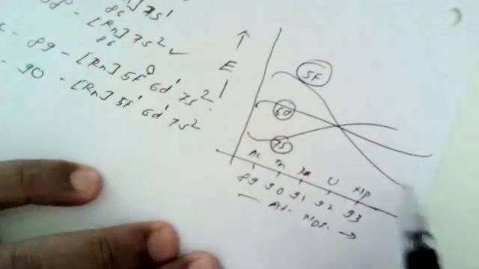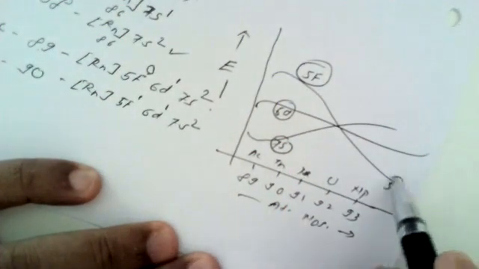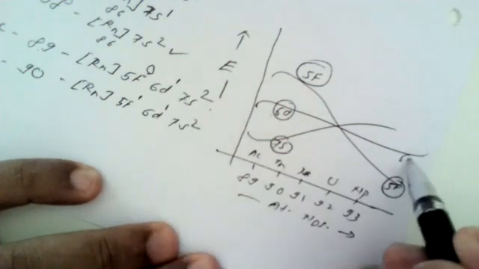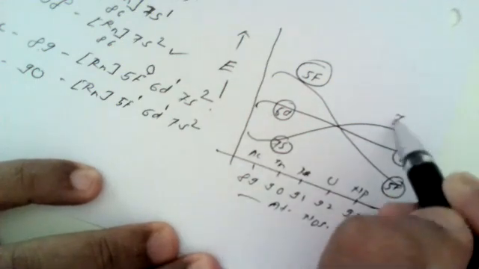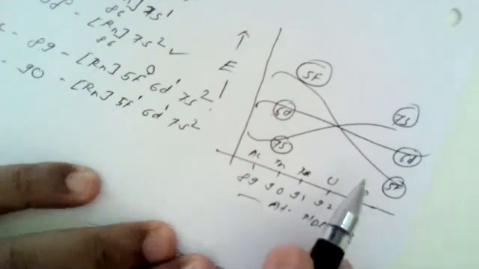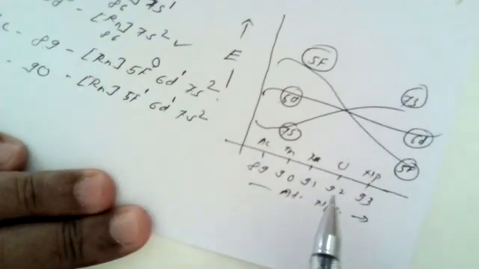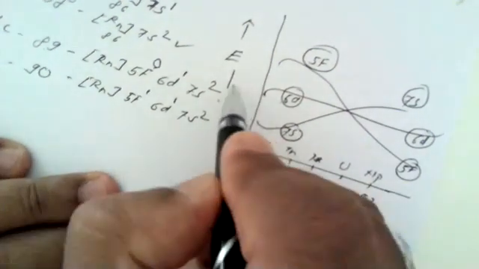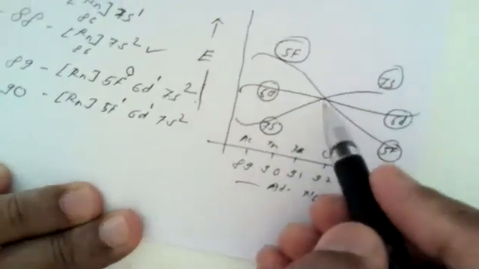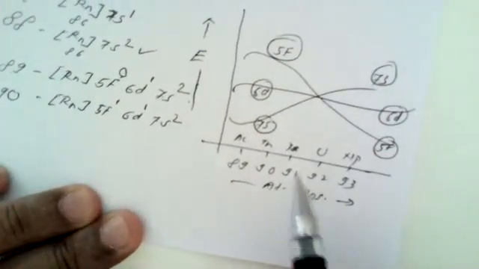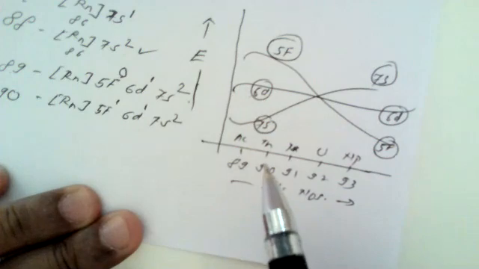Here, this is the electronic subshell 5f. This is a 6d, and this is a 7s. What is the common conclusion that can be drawn from the energies of these different electronic subshells with respect to the atomic number? Come to actinium.